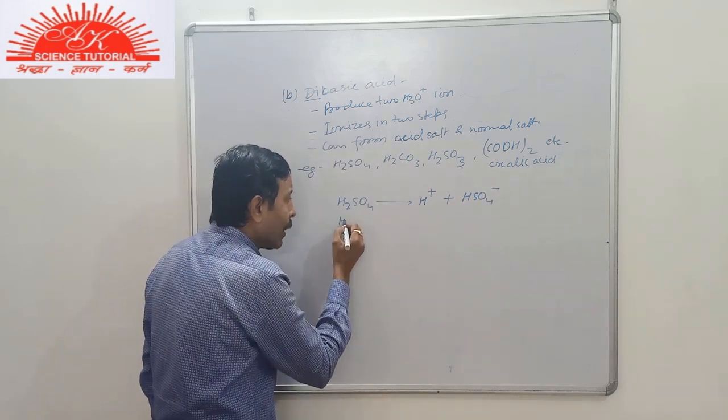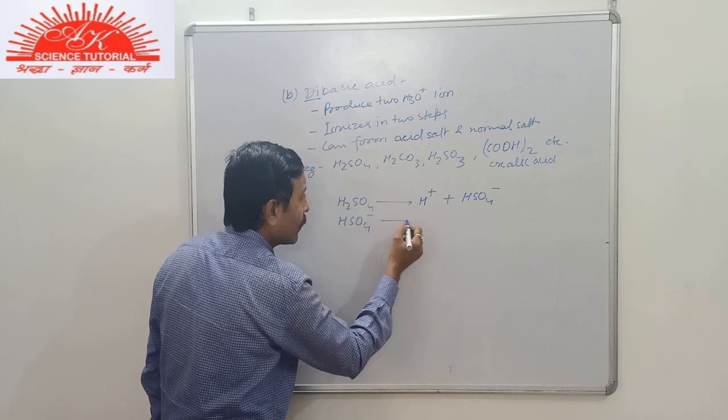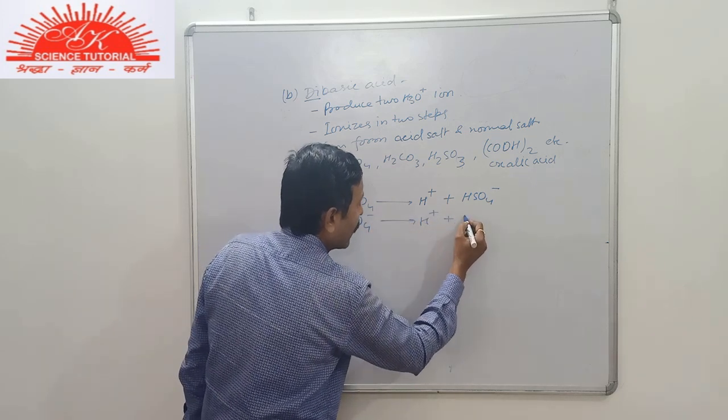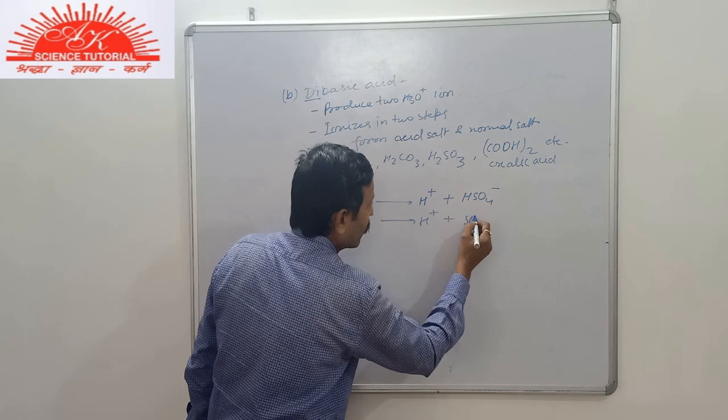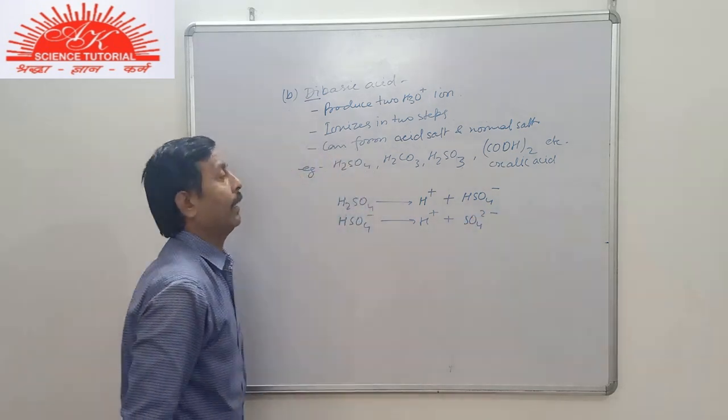When it ionizes again, it gives H plus and SO4 2 minus ions.